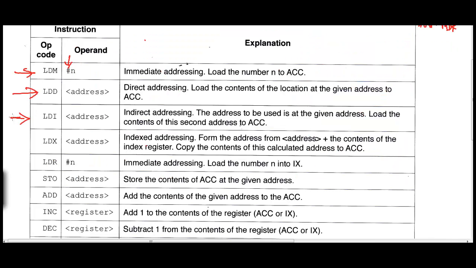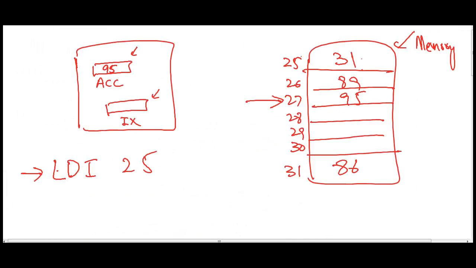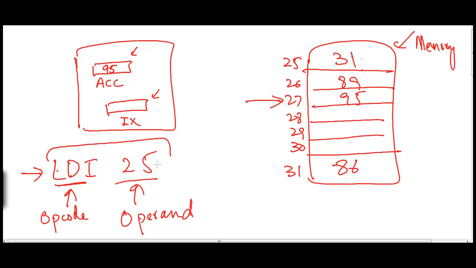Okay, how about this instruction LDI? This uses indirect addressing. So what if we get an instruction like this? This is our opcode, and this is the operand. Go to location number 25 in the memory, and whatever value is stored inside is another address. So this value 31 is basically another address.